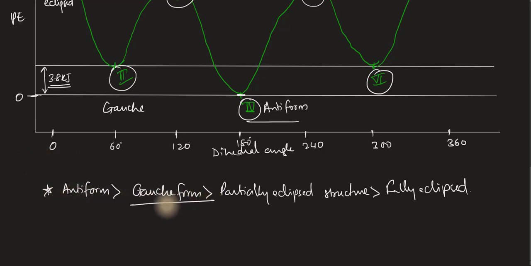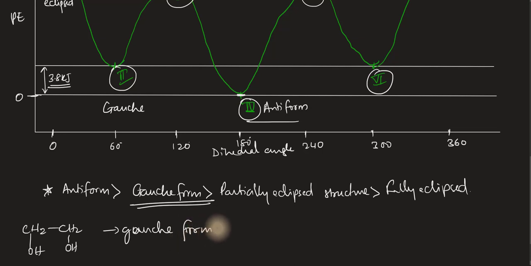In some cases, the gauche form becomes more stable, like in the case of CH2OH, where the gauche form is more stable due to intramolecular hydrogen bonding.